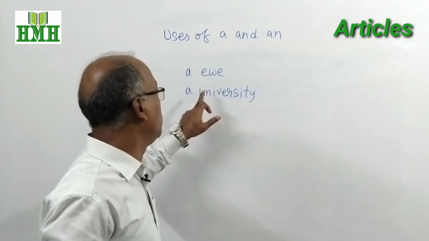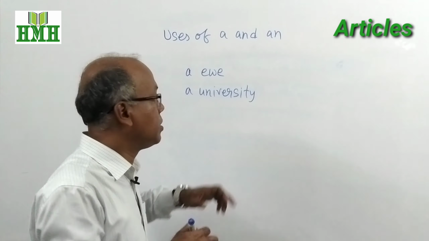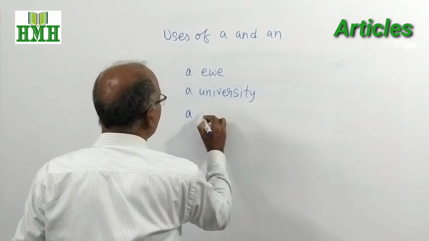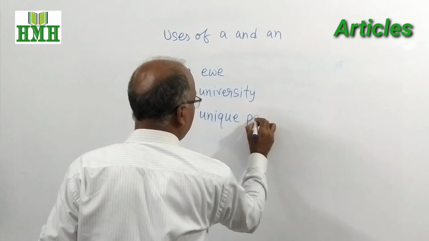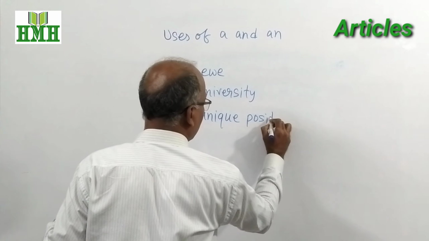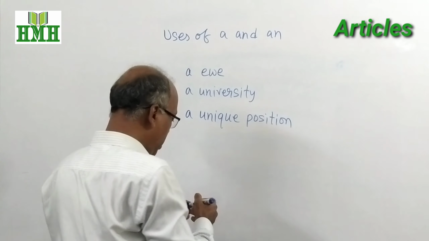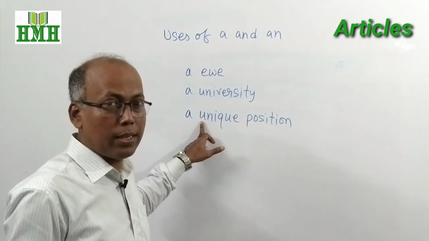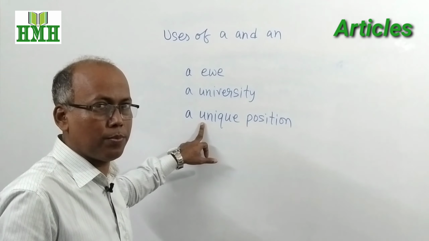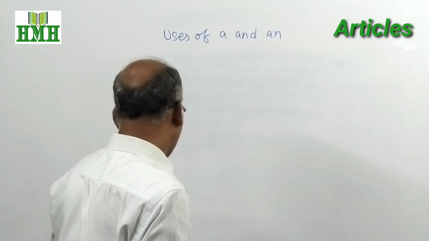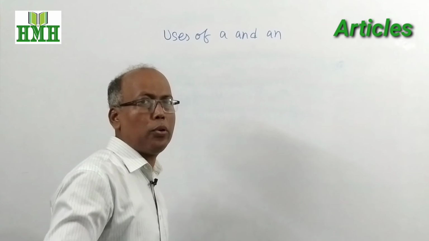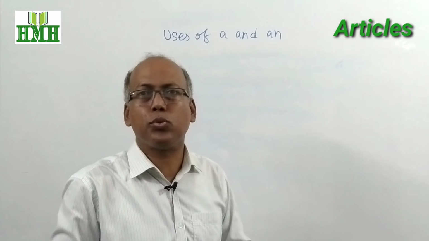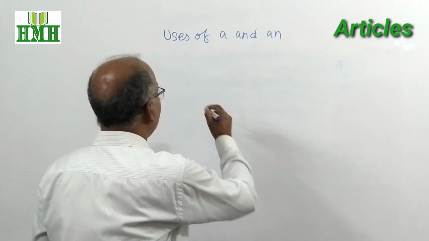So a university, a unique position. Here U is pronounced like yoo. Generally, an is used before a word which begins with O.